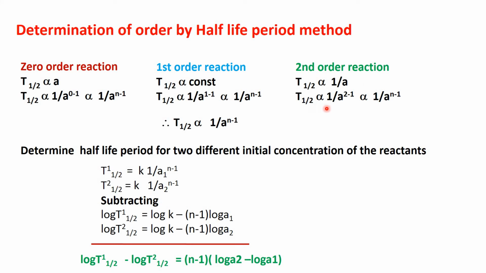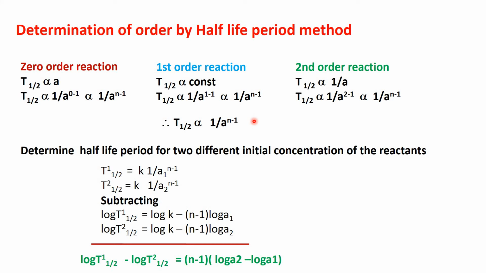So this also you can write as T half proportional to 1 by A to the power N minus 1. N is 2, 2 minus 1 means 1, that means 1 by A, inversely proportional to A. So the half-life period can be written as proportional to 1 by A to the power N minus 1, where N is the order.